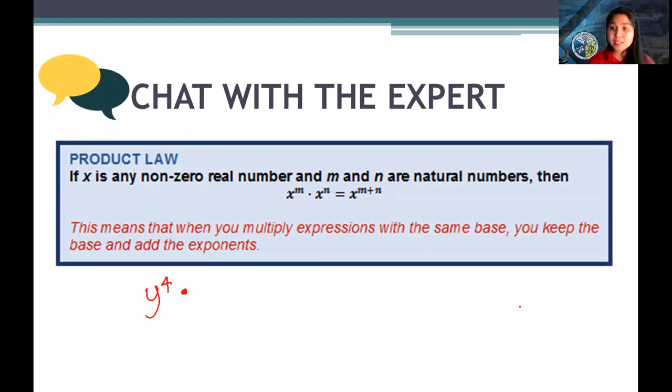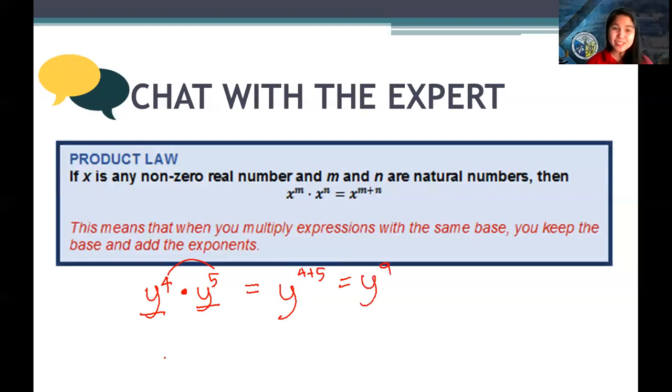It's a raised dot. It means multiplication. Y to the 4th times y to the 5th power. If you multiply the same base, you copy the base and we add the exponents. 4 plus 5. So the answer is y to the 9th power.